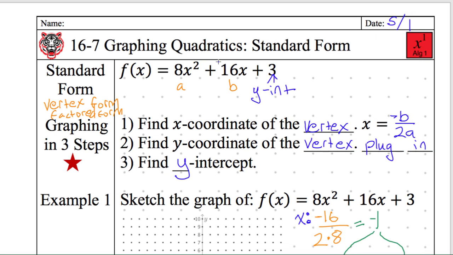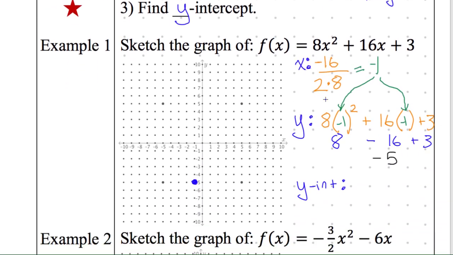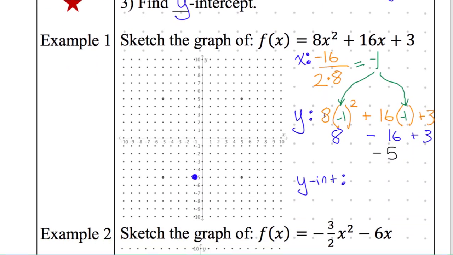Our very, very first line right here. Oh. Yeah, 3. Our y-intercept is 0, 3. So if I come to the y-axis, I come up to 3, and I make a point. Everyone make Jose's y-intercept at 3.